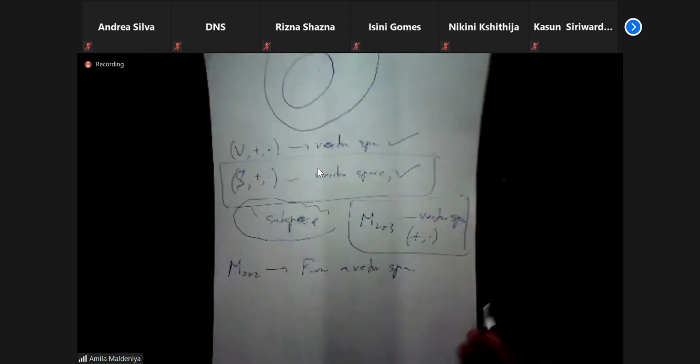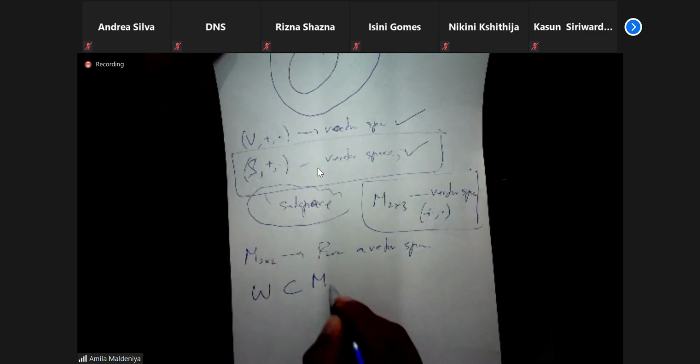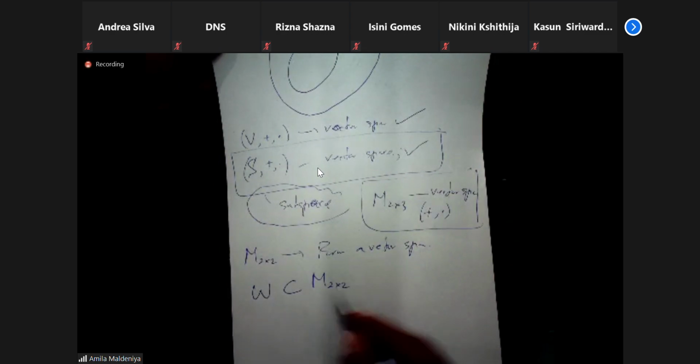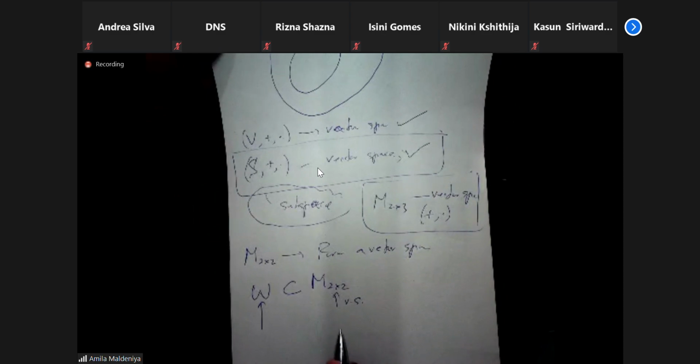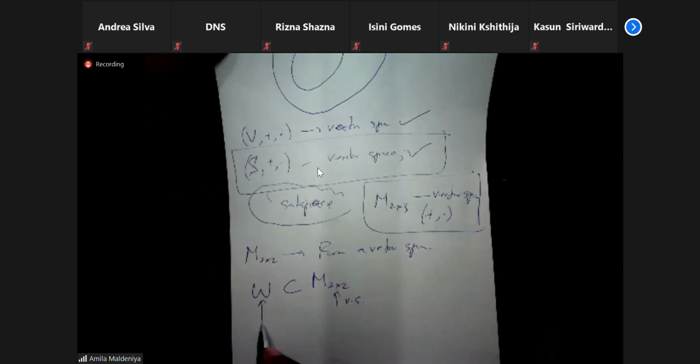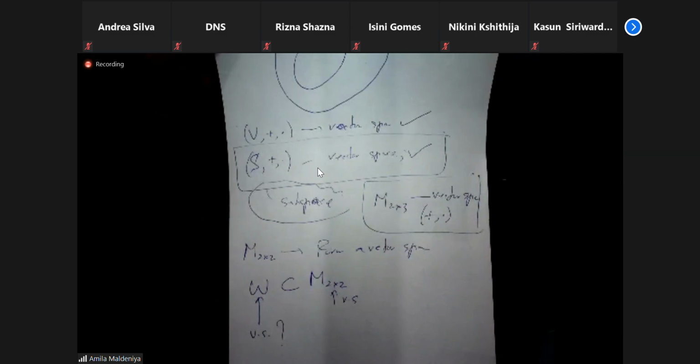So this is a vector space. Now what we are given, W, is a subset. Now the question is whether this subset is a vector space.